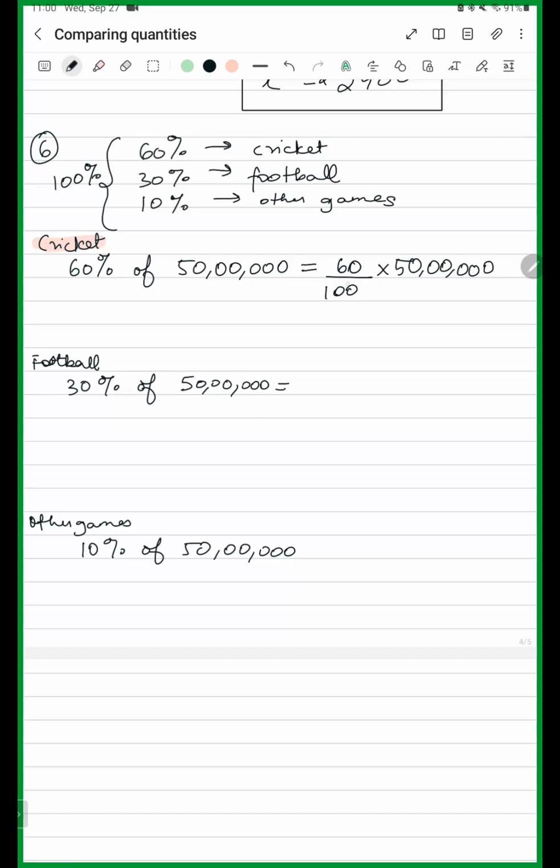Just cancel these two zeros, and then 6 fives are 30. Then we are left with 5 zeros. So 30 lakh people.